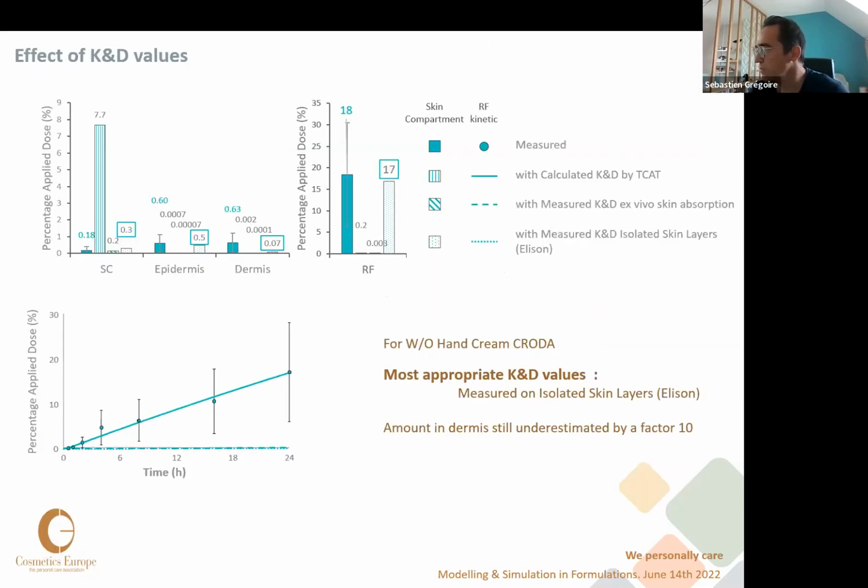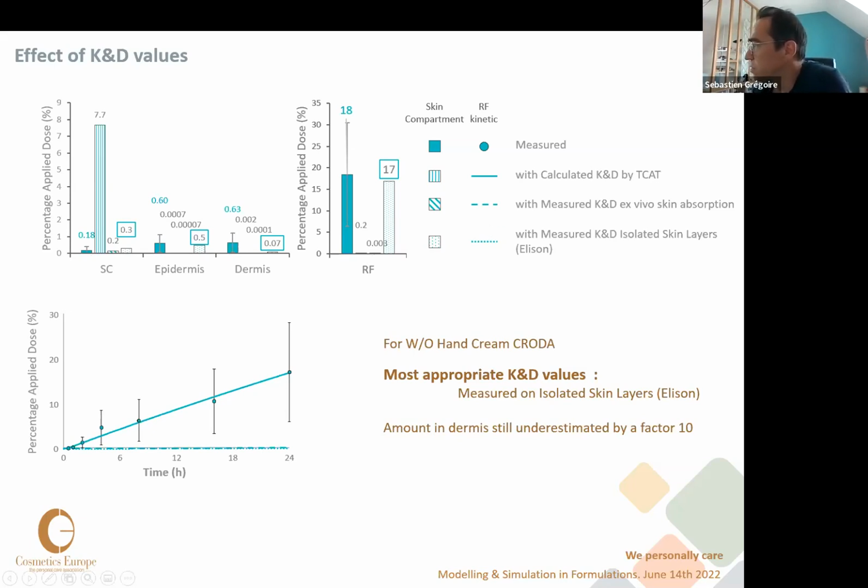Here are the results for the caffeine in the inverse emulsion. And we also here compared different ways to implement the partition and diffusion coefficient. It's the skin distribution, the percentage in different skin layers, the percentage in dermal in the receptor fluid, and the kinetic in the receptor fluid. The blue corresponds to the experimental value, and the three other bar graphs correspond to the three different options for the partition coefficient.